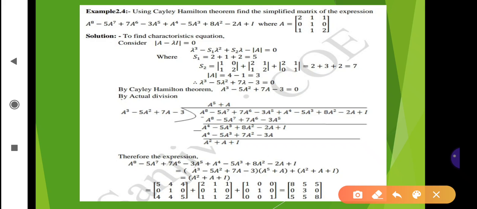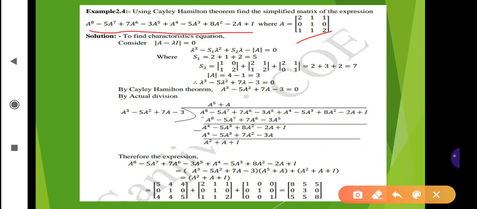Using Cayley-Hamilton theorem, find the simplified expression for the statement A raised to 8 minus 5 A raised to 7 plus 7 A raised to 6 minus 3 A raised to 5 plus A raised to 4 minus 5A cube plus 8A square minus 2A plus I, where matrix A is given as first row 2 1 1, second row 0 1 0, and third row 1 1 2.